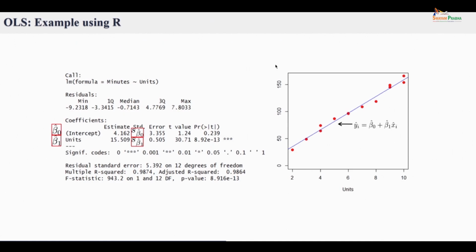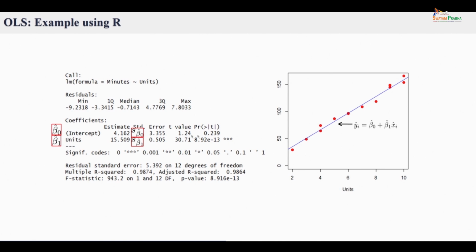So, let us apply this to the example of the servicing problem, where we have 14 data points, and the time taken and the number of units repaired by different salesmen are given. So, in this case we have these 14 points which I have shown.